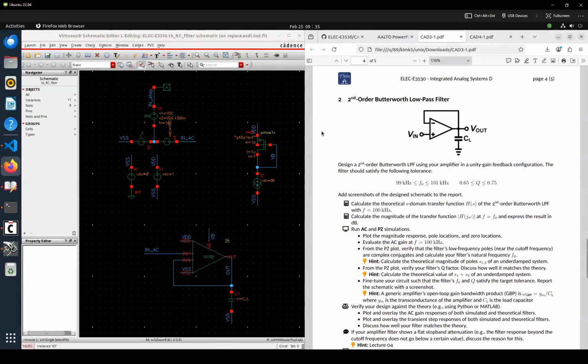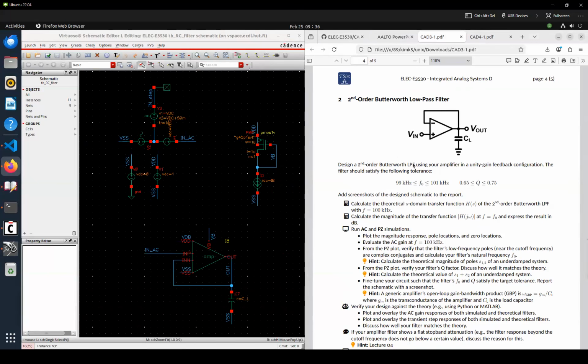This was CAD exercise 3, the second question. Design a second order Butterworth low pass filter using your amplifier in a unity gain feedback configuration. The filter should satisfy the following tolerance: 100 kilohertz, and a Q factor in a range of 0.7.